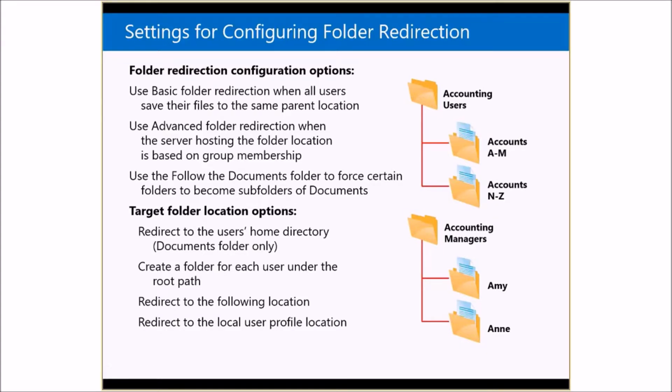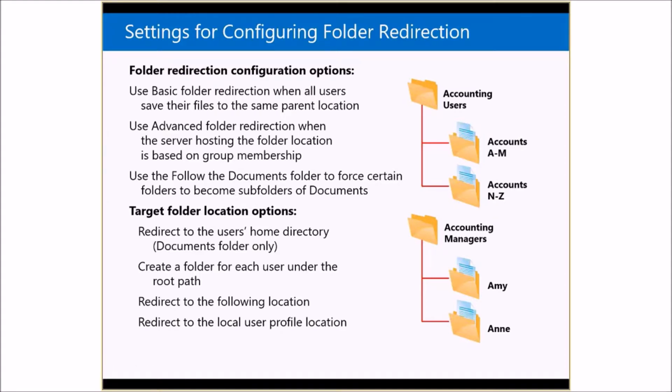We can use the follow documents folder option to force certain folders to become subfolders of documents. We can also target folder location, so we can redirect a user's folder to the user's home directory, like I was describing, for the documents folder only. We can create a folder for each user under a root path and redirect to the following location, and redirect the user profile to the local user profile.